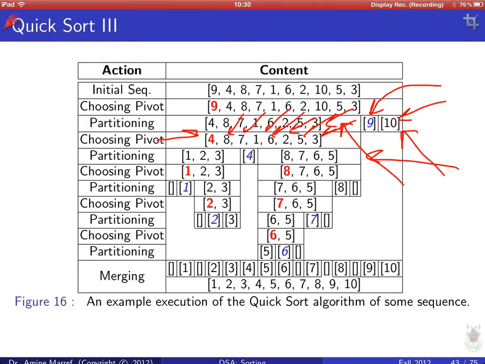A1 of elements which are smaller than the pivot, A2 of elements which are equal to the pivot, and A3 of elements which are greater than the pivot. And all we have to do is concatenate the middle one with the quick sort of the left one and the quick sort of the right one. This is what we've been doing here.